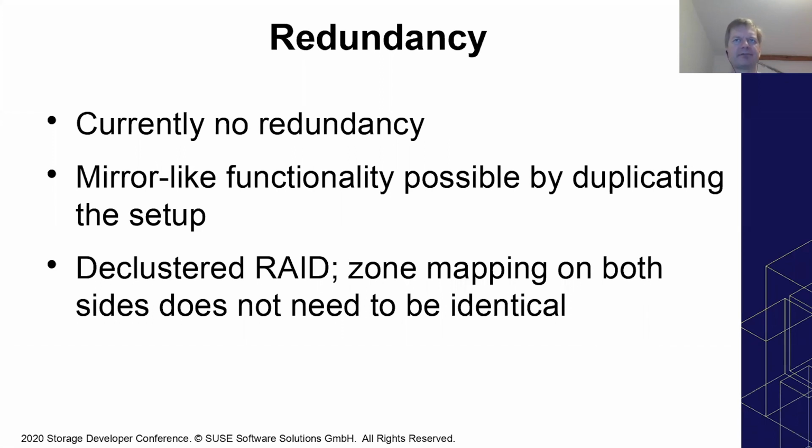Because if we have to keep both mapping tables identical, once one disk fails, we cannot write to the same disk on the other side because the system will be degraded. Whereas it would be possible to continue to run it by just deactivating the failed disk and moving the data somewhere else.